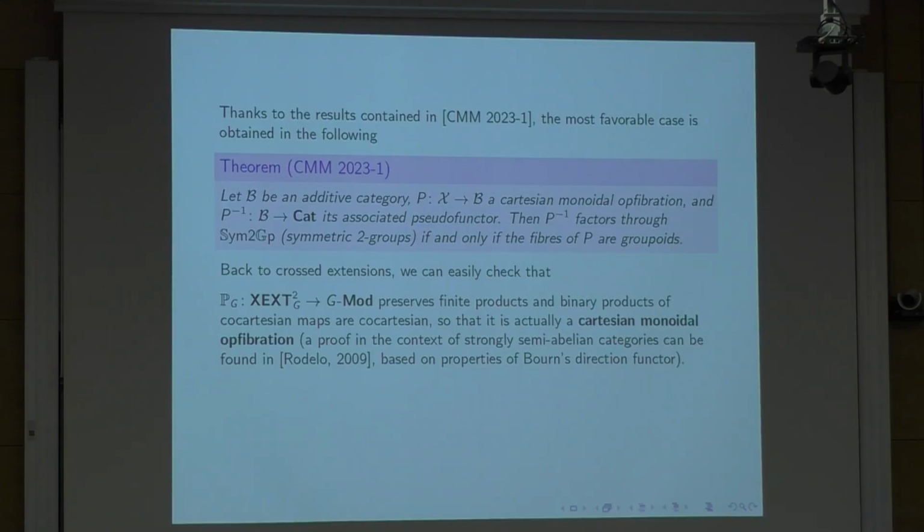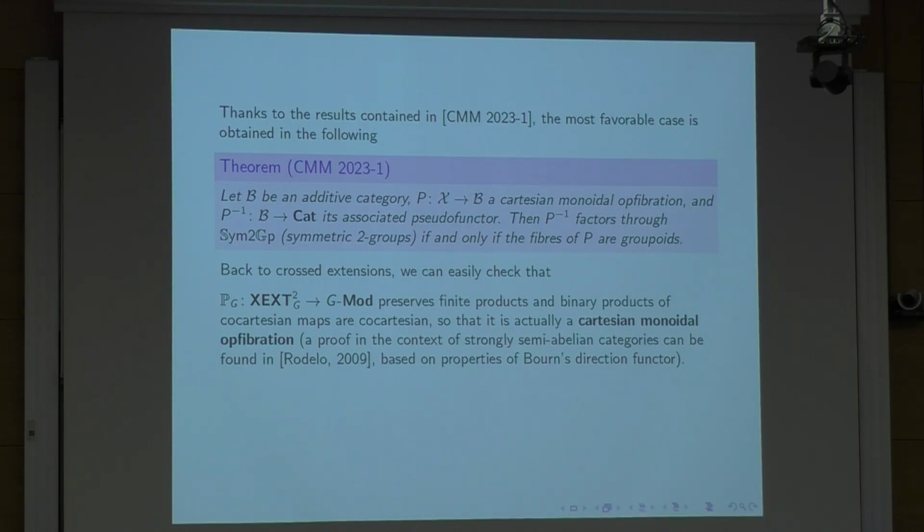And just to mention, this result is very useful if you want to work in the intrinsic context of strongly semi-abelian categories. It was given in a paper of Diana Rodelo, and it was based on properties of Bourn's direction functor.